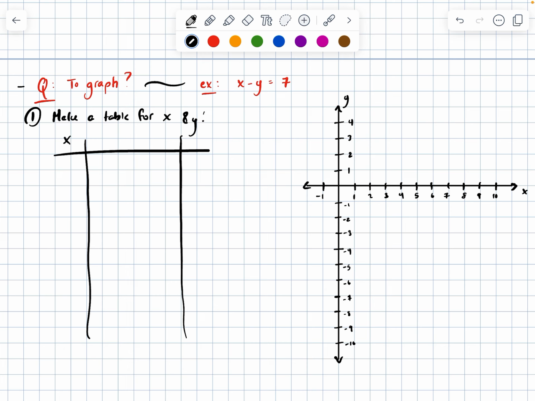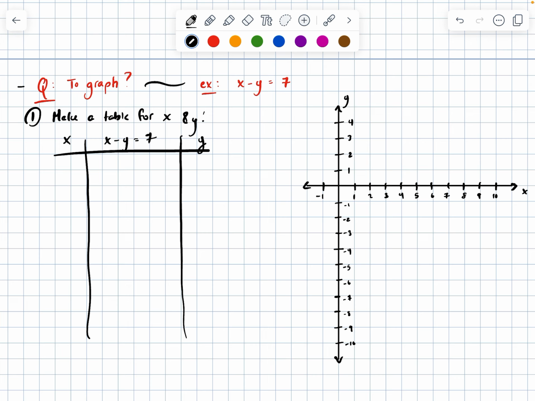I want a table, and on my table, I'm going to give myself 3 components. First, somewhere where I'm going to keep track of my x values, somewhere where I'm going to keep track of my y values. And then what I often like to do, if you don't want to, you don't have to, but for me, I like to remember that they are connected by the equation x minus y equals 7. So I put that in the middle as my sort of connector tissue.